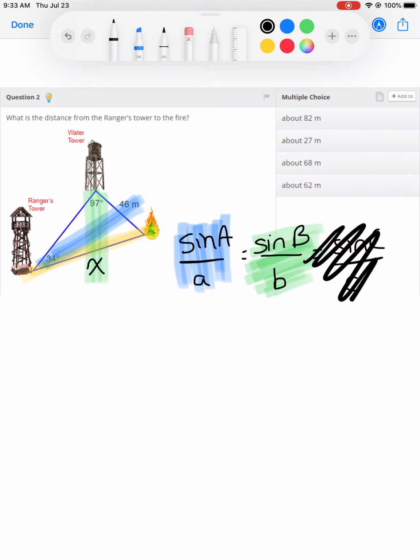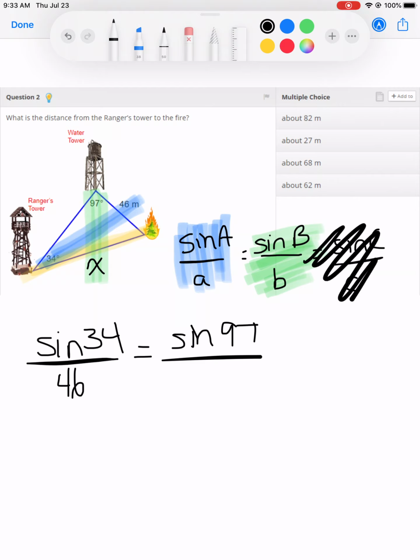So sine A, I'm going to do sine 34 over its associated side, which is 46. And then I'm going to do sine 97 over x, because that's the side length, okay? So these are my angles, and these are my sides. We have to keep it in proportion to each other, okay?